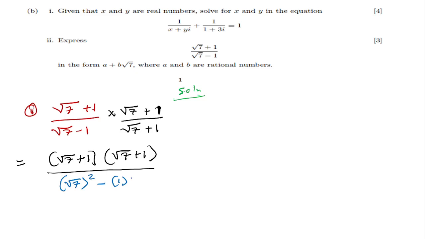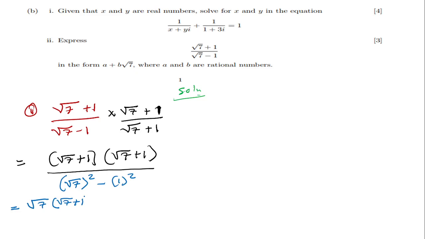With that in mind, you can work out what is on top. Square root 7, open bracket, you multiply it by square root 7 plus 1, and then plus 1, then open bracket, you say square root 7 plus 1. Then you say over, you work out what is down there.